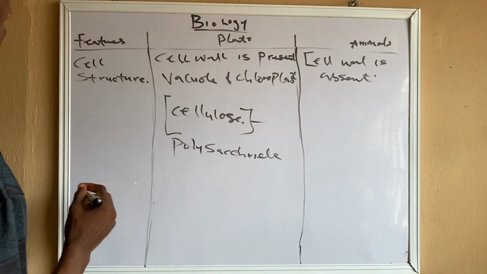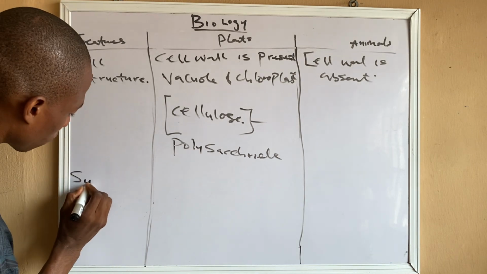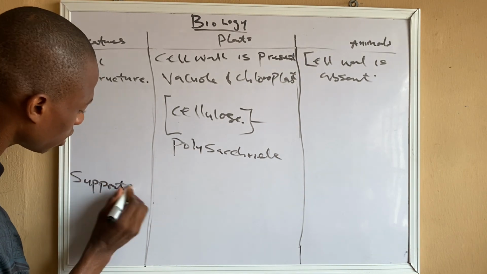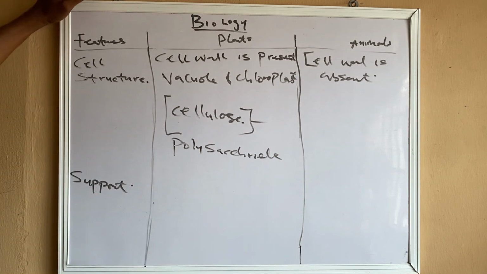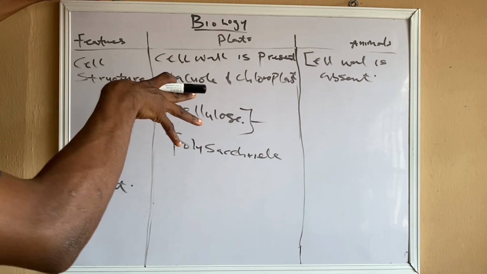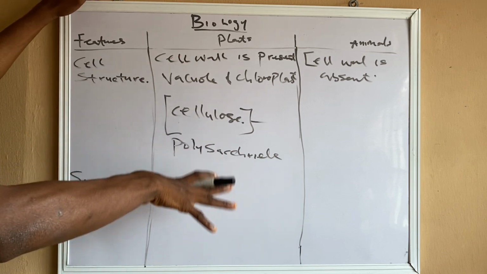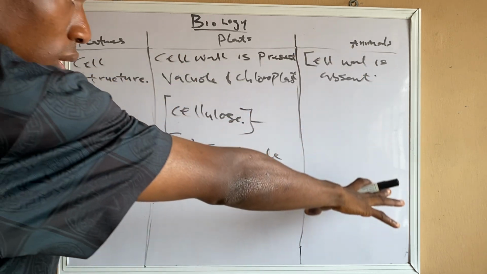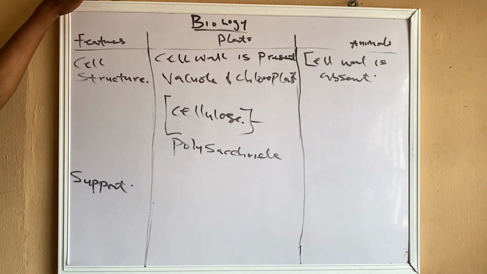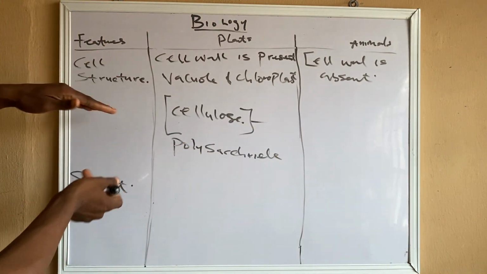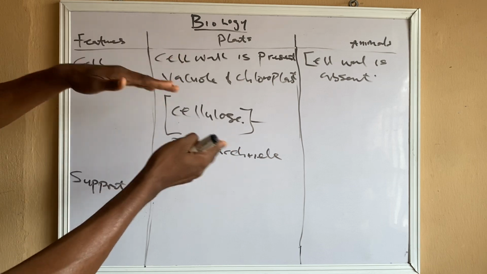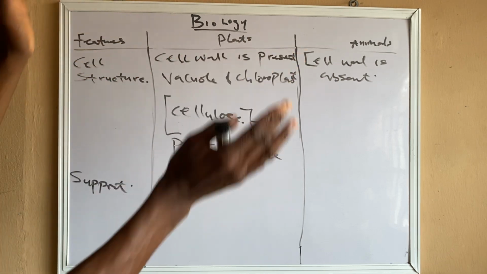So the next one we are talking about is support. In plants, they have their own support system. In animals, there is a support system as well, but it is different. Even support is part of the characteristics of living things.